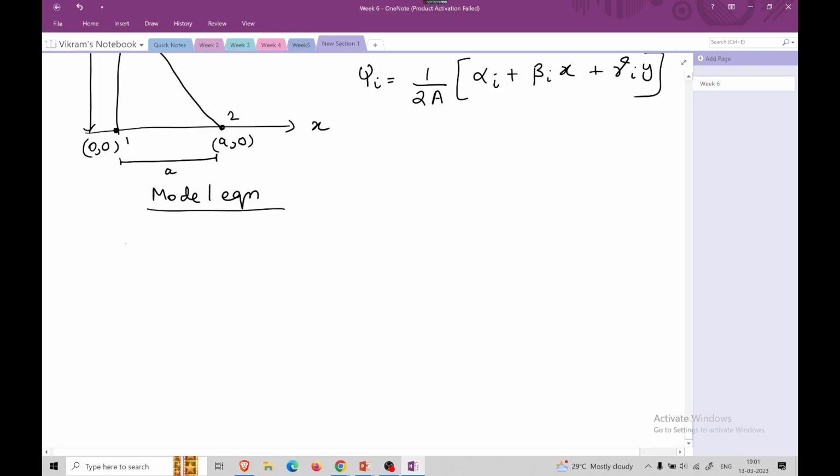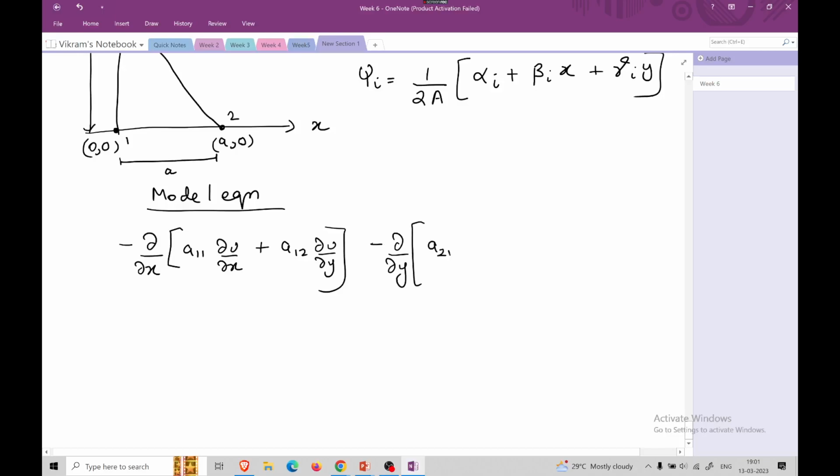The model equation is like this: minus dou by dou x of a11 dou u by dou x plus a12 dou u by dou y, plus minus dou by dou y of a21 dou u by dou x plus a22 dou u by dou y, plus a00 into u minus f is equal to 0. So this is my model equation.